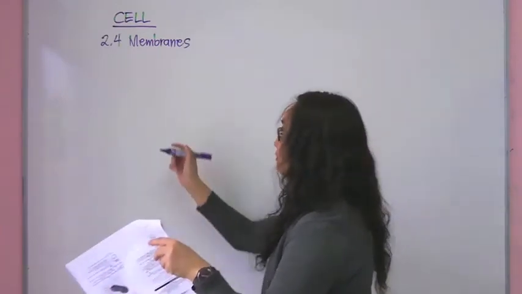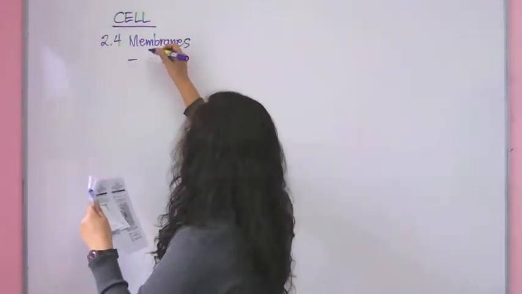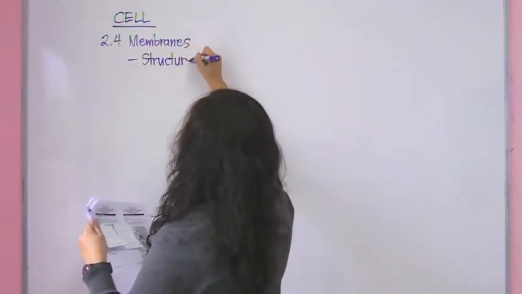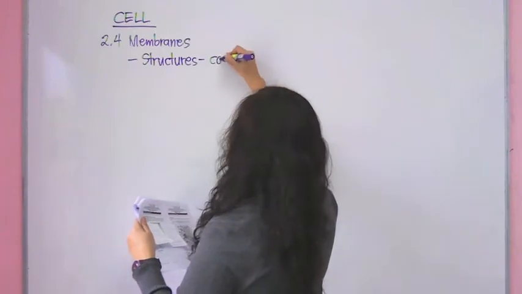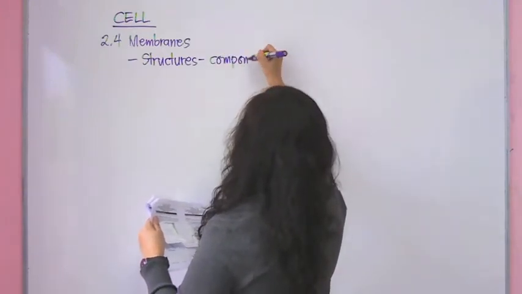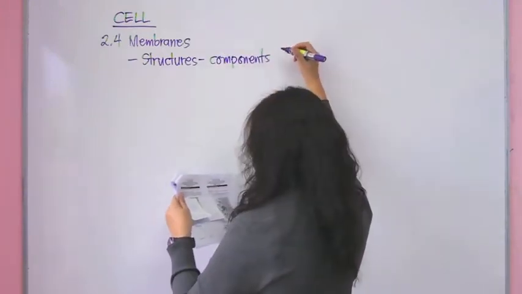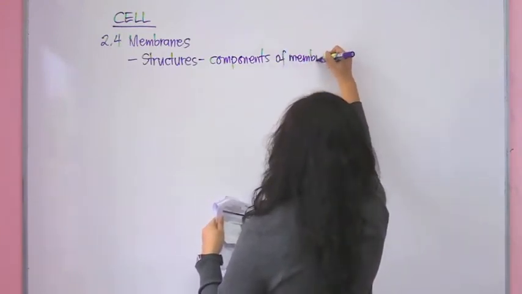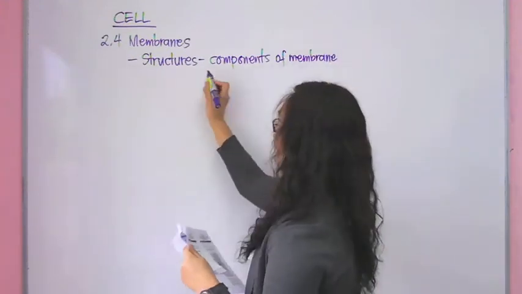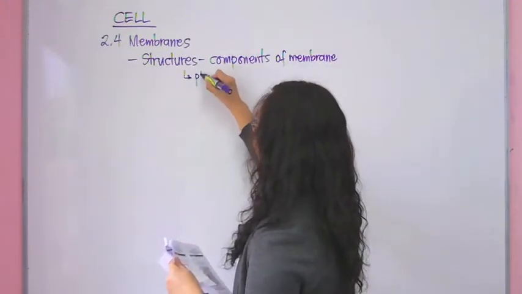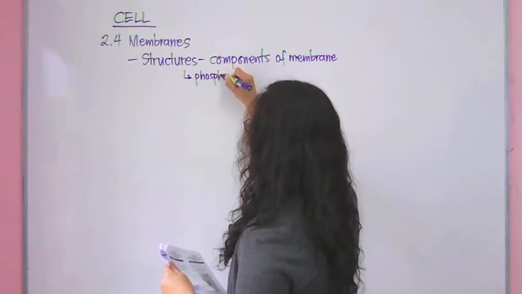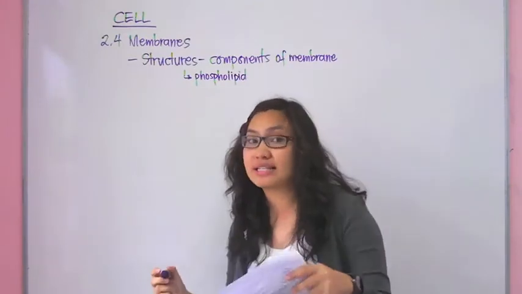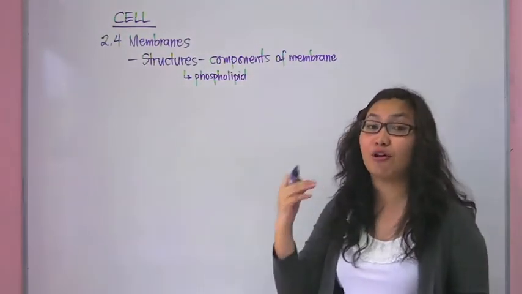So here in membranes, we need to discuss the structures or components that are present. Okay, for example, we have the phospholipid bilayer. We have to discuss why it is arranged into a bilayer. We should also discuss the chemical structure of a phospholipid.